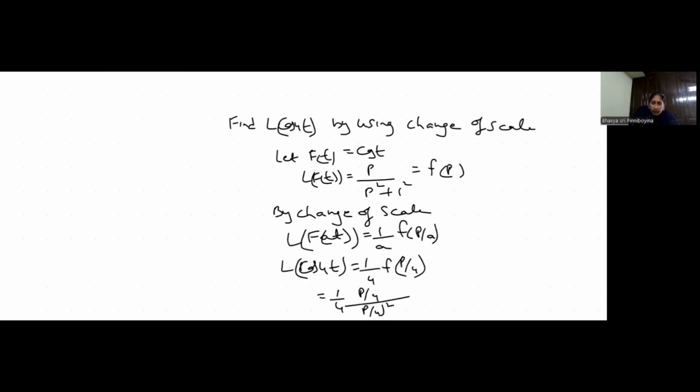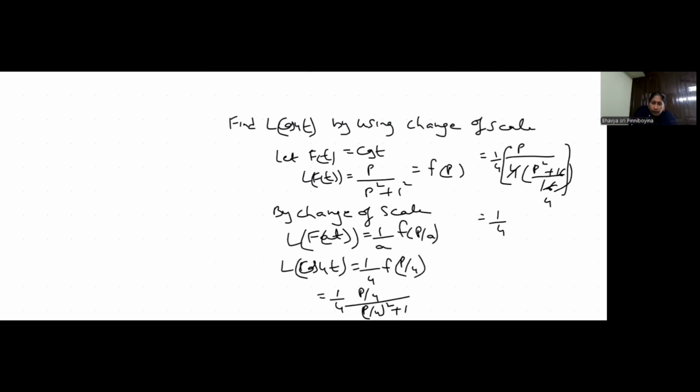Okay. So we get 1 by 4 into, so this 4 will also go to the denominator. Then we get p by 4 into, okay, take the LCM here, that is 16. p square plus 16. So 4 and 16 will get cancelled 4 times. So 1 by 4 into this 4 will go to the numerator.